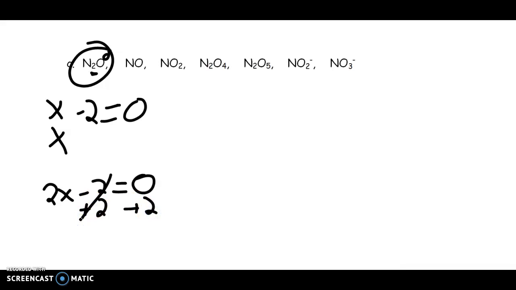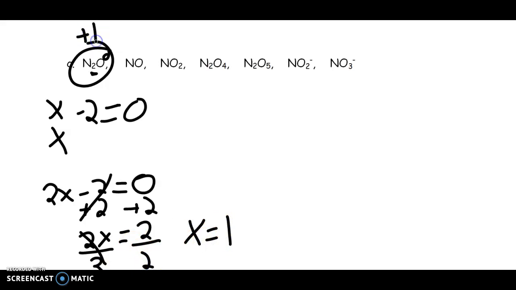Now you have 2x equals 2. Again, we want to get x by itself. Because 2 is multiplying x, you're going to divide it onto the other side. So now x equals 1. So each nitrogen is +1. And that makes sense, because if this guy is +1 and this one's +1, 2 +1s and -2 together make 0. So we know we did it correctly.